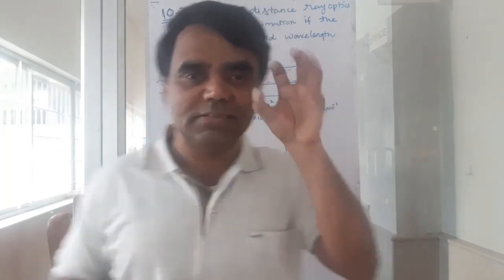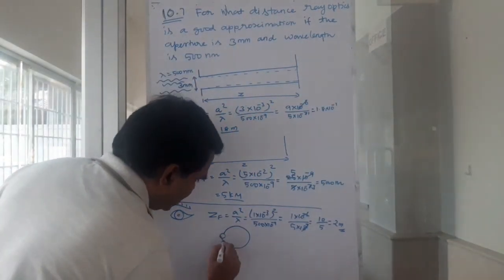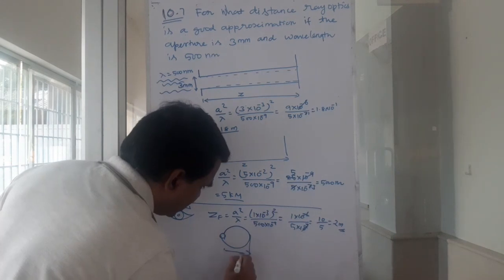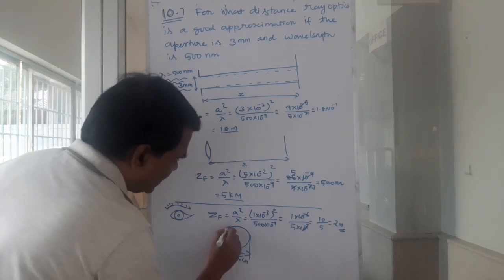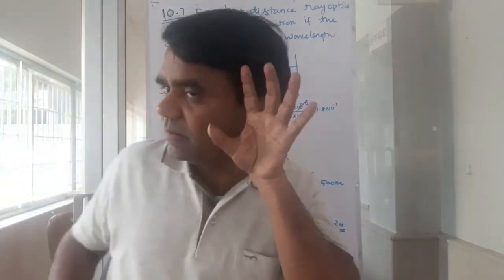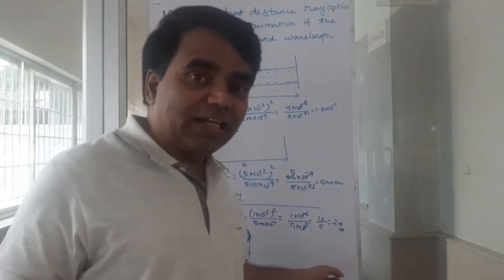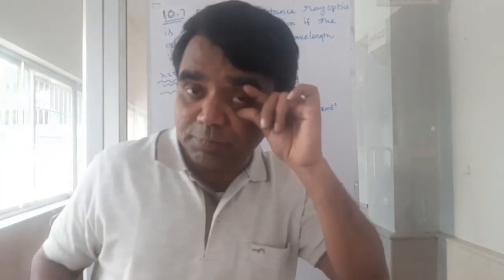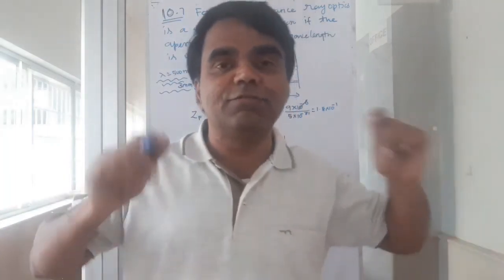But what is the size of the eyeball? I said when we were doing this problem, it's 2.5 centimeters roughly. So this is my eyeball, and I have the retina here inside, just 2.5. But for a pupil of 1 millimeter, I can treat light as a ray for how long?